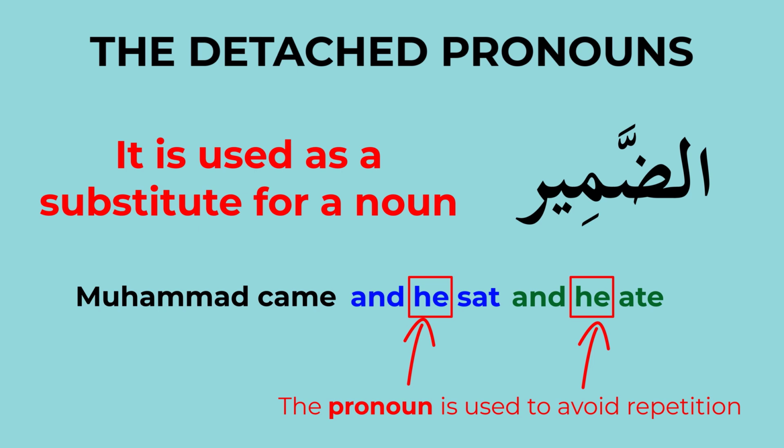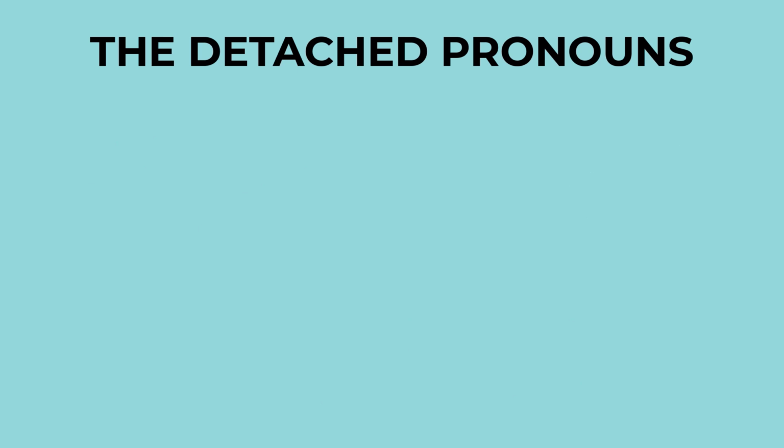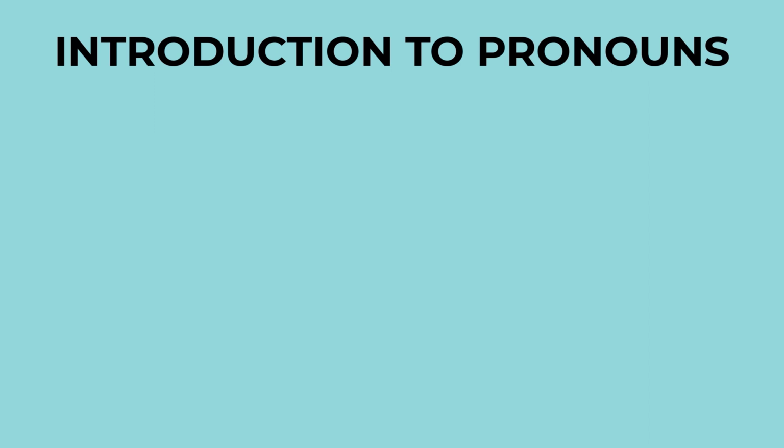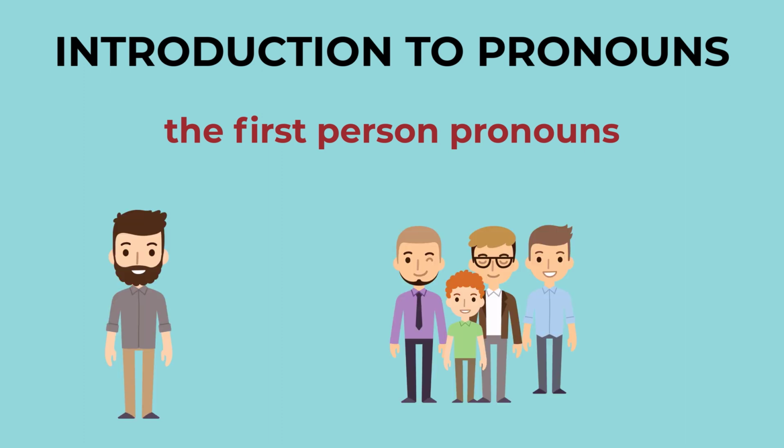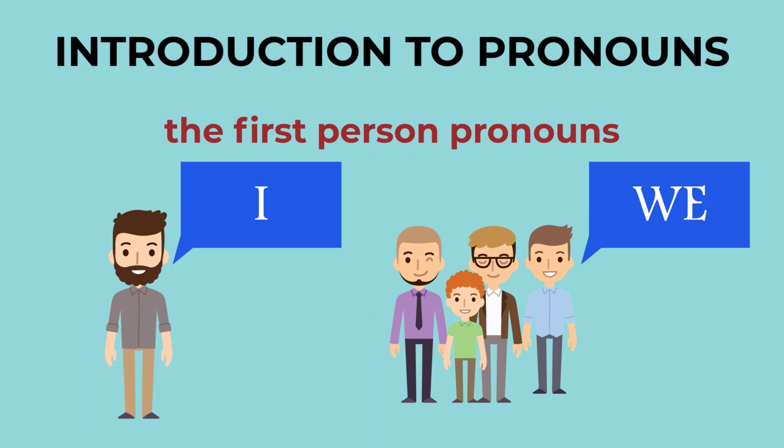Okay? Fine. The pronoun that refers to the speaker, in English we call it first person pronoun. Can you give me an example of a first person pronoun? I and we. Okay.